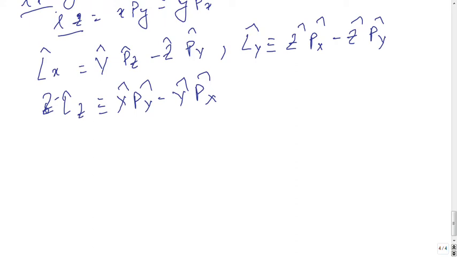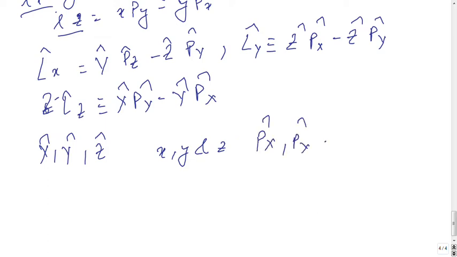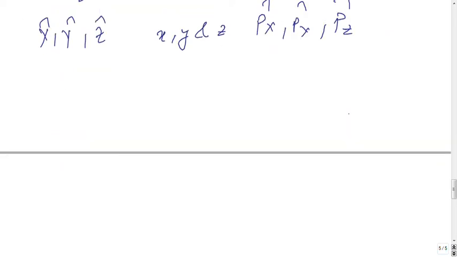Here x hat, y hat, z hat are the operators for the x, y and z coordinates, and px hat, py hat and pz hat are the operators for linear momentum, and they take a peculiar form which I discussed just before this.